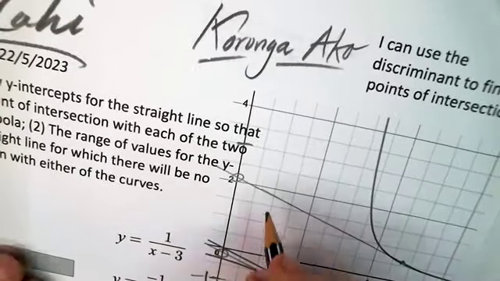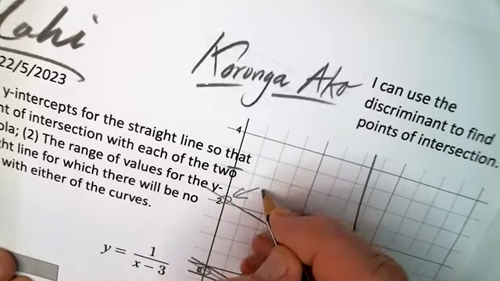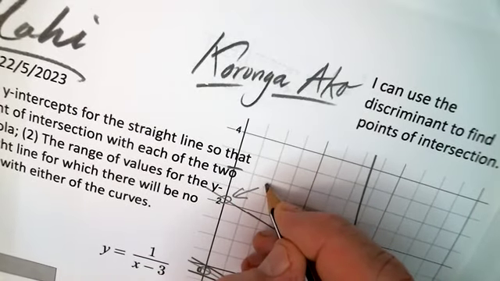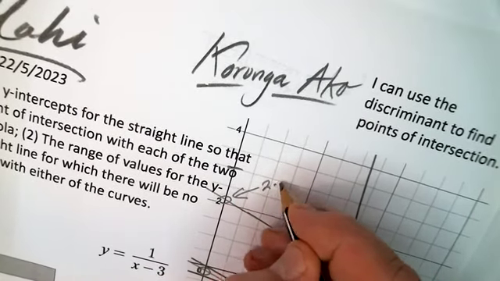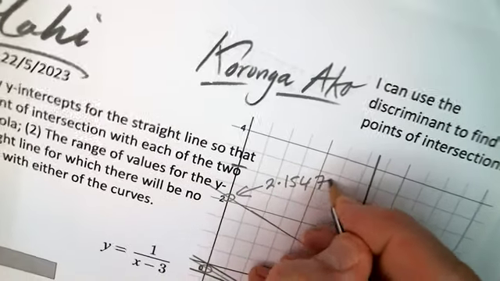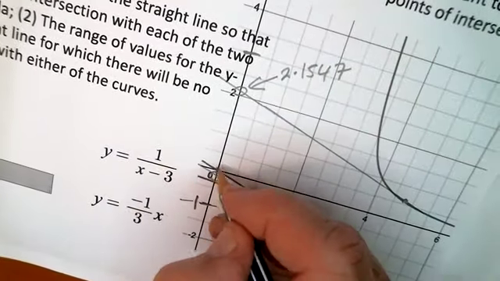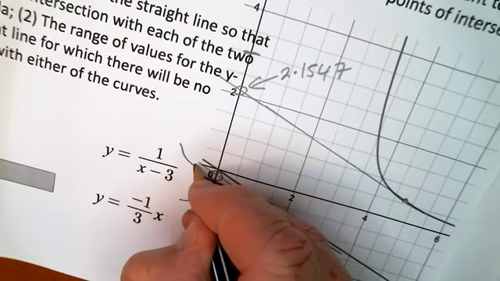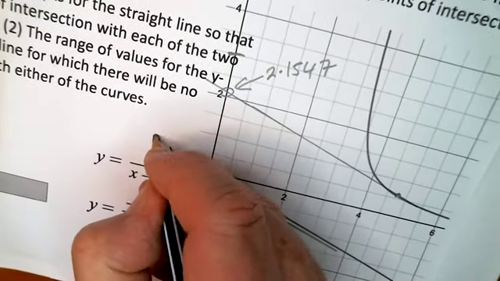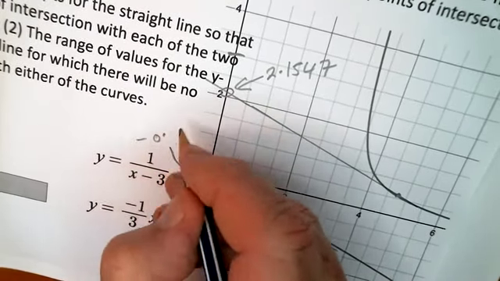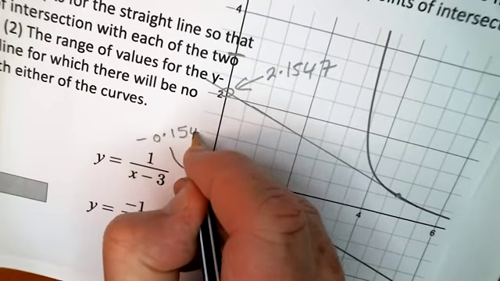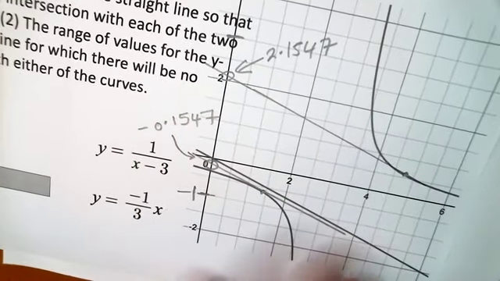So let's say the k value here, the y-intercept, is going to be 2.1547, and the lower value is, of course, negative 0.1547. And that's what we have found.